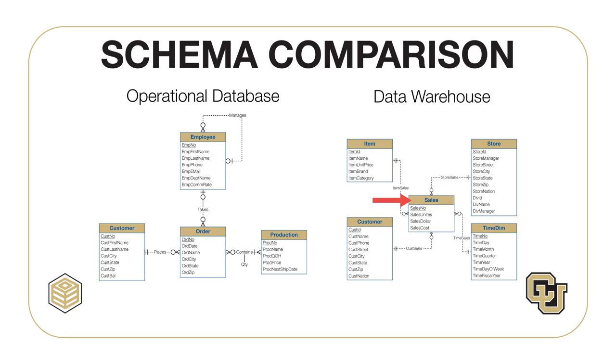In contrast, a data warehouse will typically just show one level of detail and no many-to-many relationships. In addition, specialized relationships, such as self-referencing and identification dependency, are less commonly used in data warehouse designs. You will learn details about schema patterns for data warehouses in Module 3.